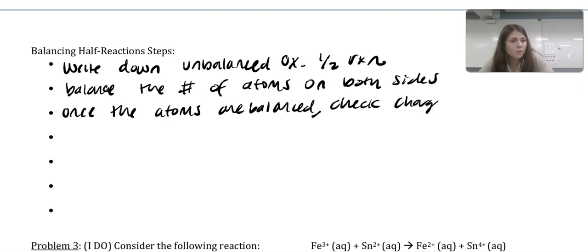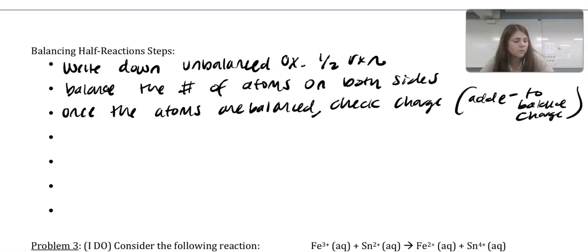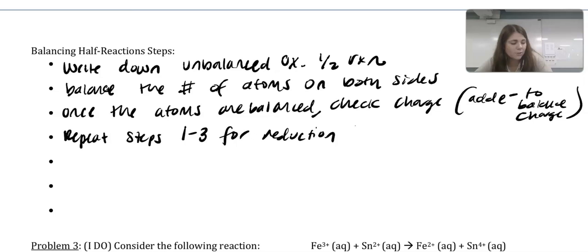That is when we're going to add electrons to balance charge. So if your element went from 0 to positive 2, you would show a change of 2 electrons. You would repeat steps 1 through 3 for a reduction half reaction, kind of like I was showing you on the previous page.